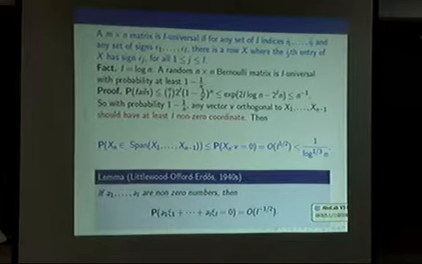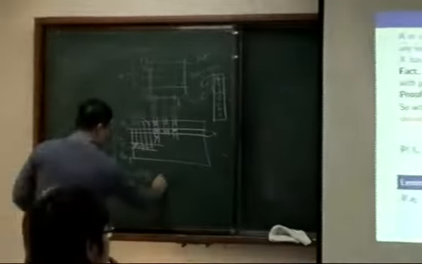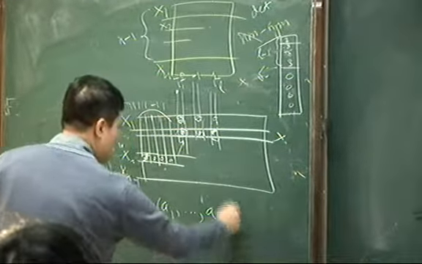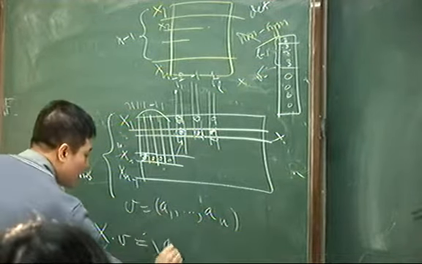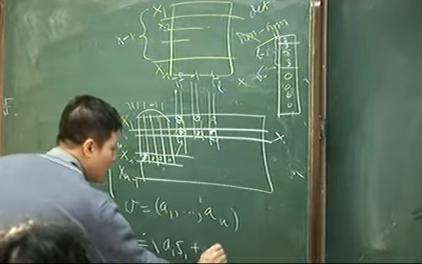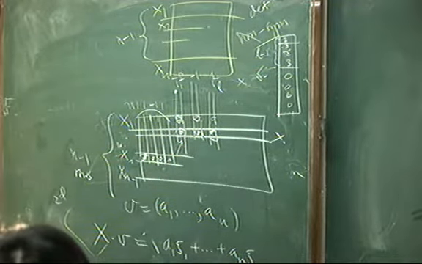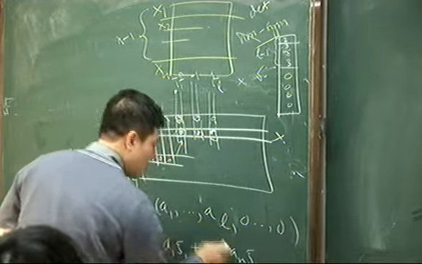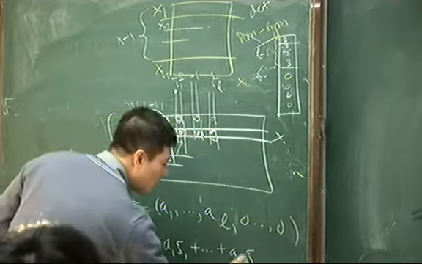Let me write V as the vector a1 up to an. Then x times V is just the linear sum a1 c1 plus up to an cn. Maybe I write this in a nicer way, where after the L-th coordinate everything is 0, and you just do this.